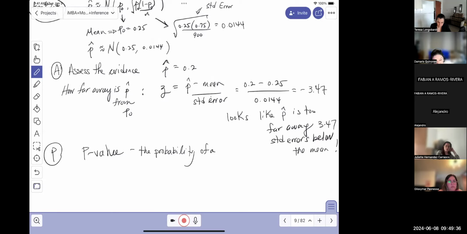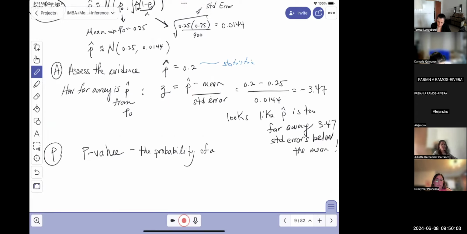Okay, let me step back a moment. I told you that p hat is a statistic, and then I calculate z using p hat. So what do we call z as well? So this is a statistic because I calculated it from the sample.